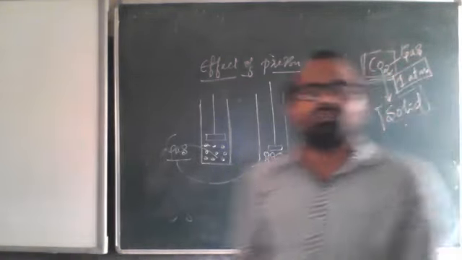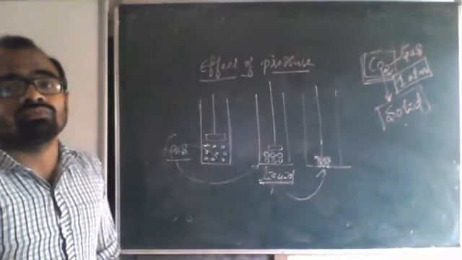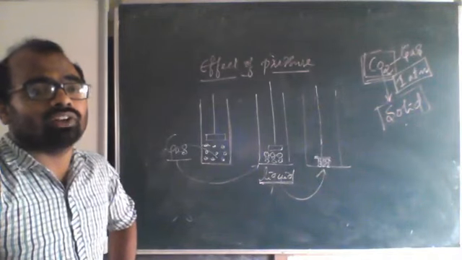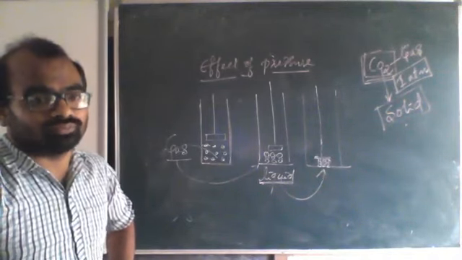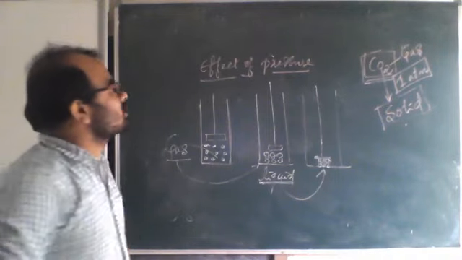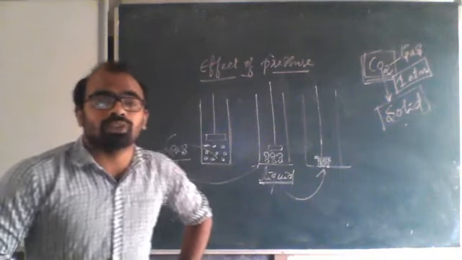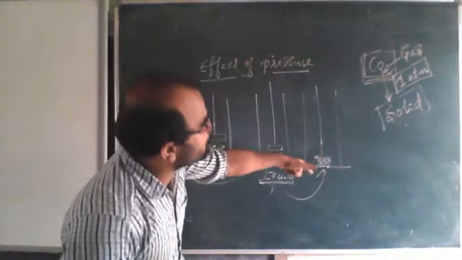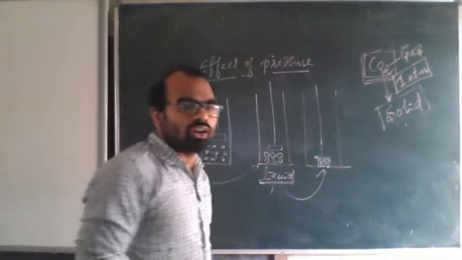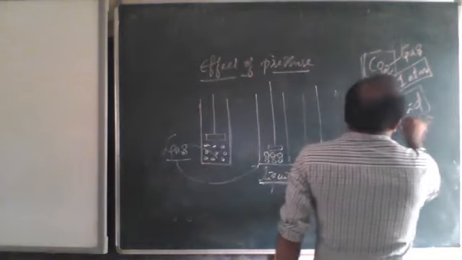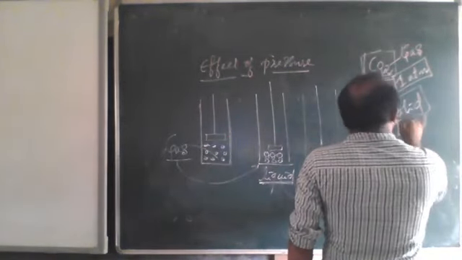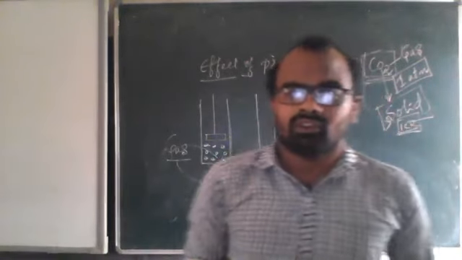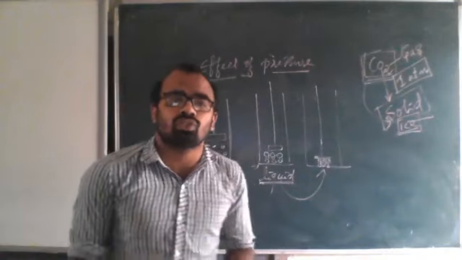Directly it will convert to a solid state when you maintain its pressure at 1 atmosphere. If you maintain CO2 at 1 atmosphere pressure, it will become solid ice. So that is why CO2 is called by the name solid ice. The question might be asked, why is CO2 called solid ice?